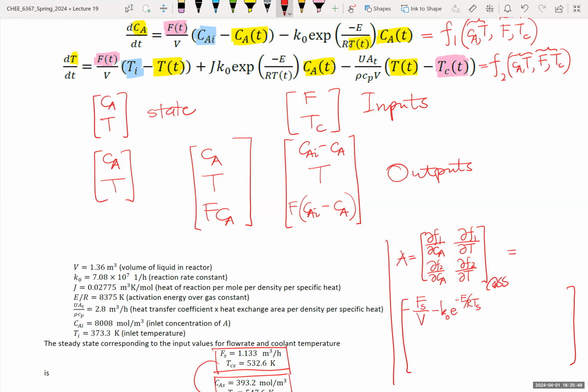So first of all, this and that come out as a constant. So you have K0 CA at steady state, correct? And then I have the derivative of e to the something. It's e to the same something multiplied by the derivative of the something, correct?